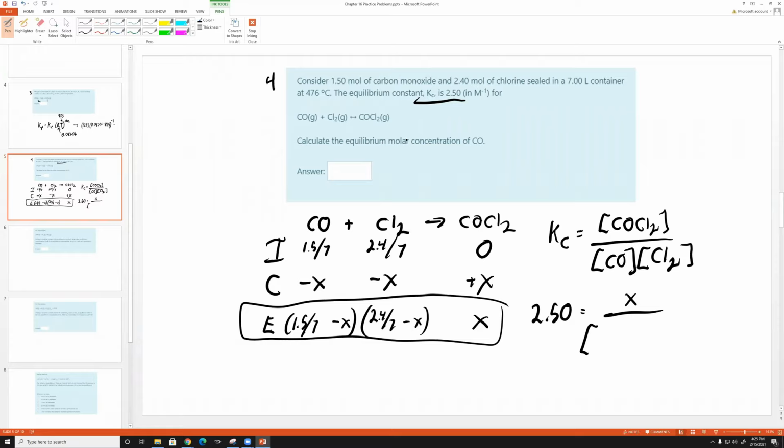It's in terms of x, so we're going to have to solve for x. That's how you know x is your goal. And then the concentration of Cl2, which is 2.4 divided by 7 minus x. Now you can solve for x using the quadratic formula, and you can get your answer. I'm not sure what the answer is, but I'll leave that to you, and you can comment the answer below.